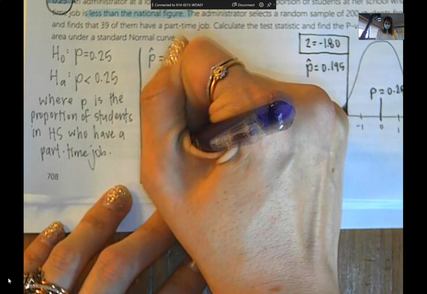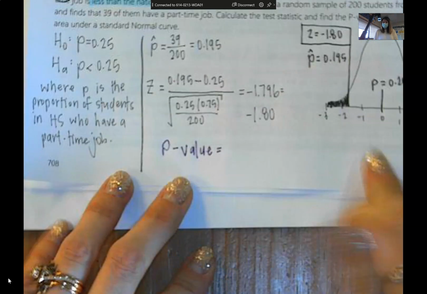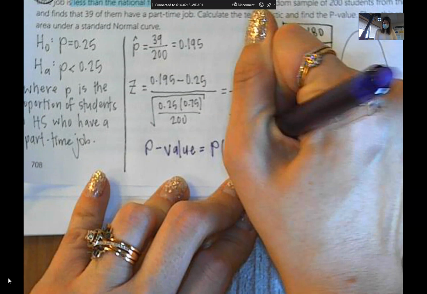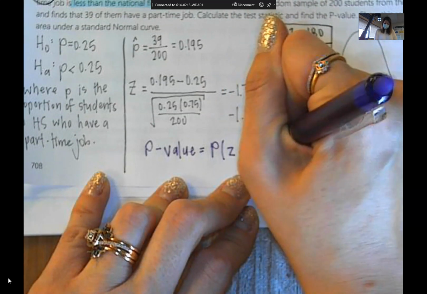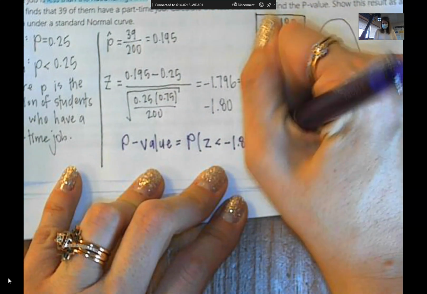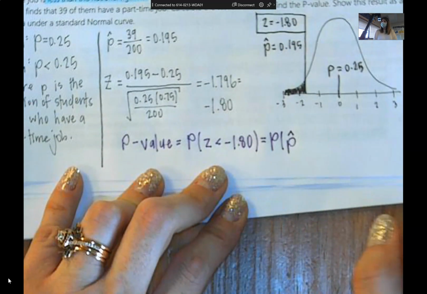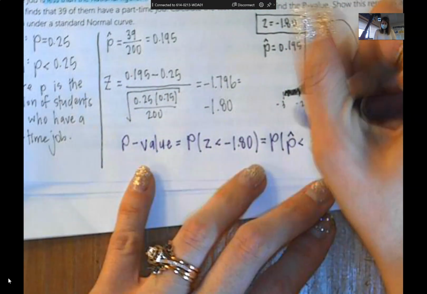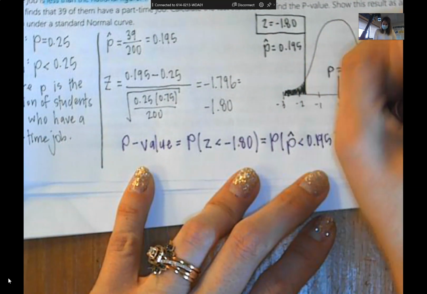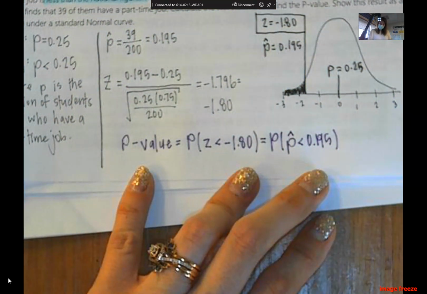Our p-value is equal to the probability that z is less than negative 1.80. Why? Because that's the same as the probability of getting the sample that we got or lower.